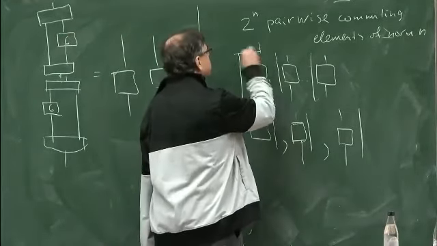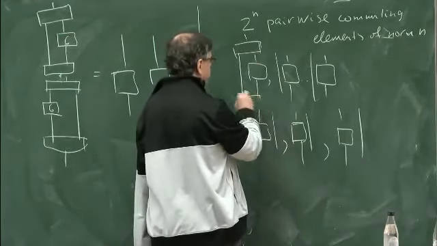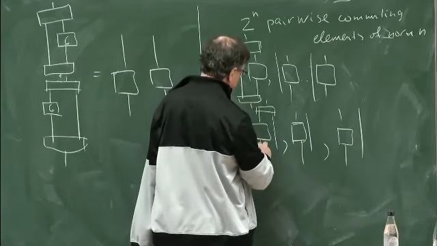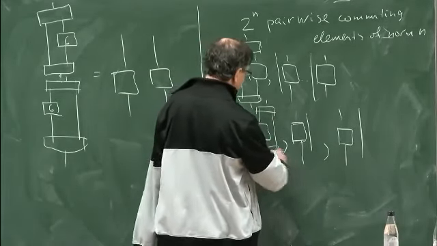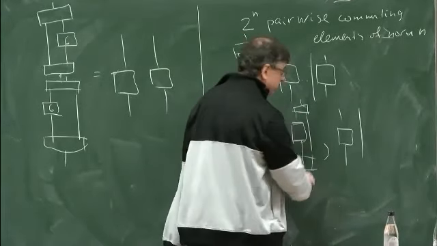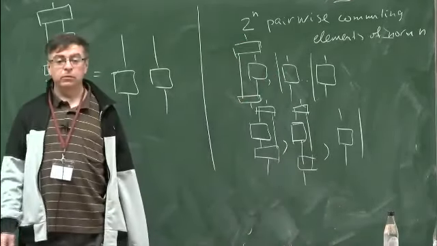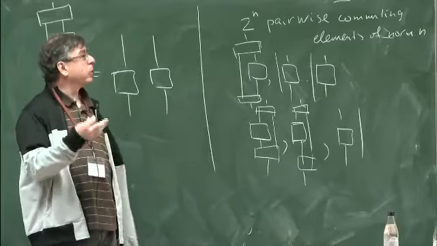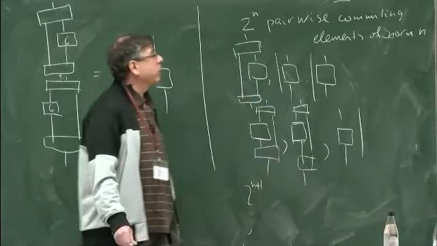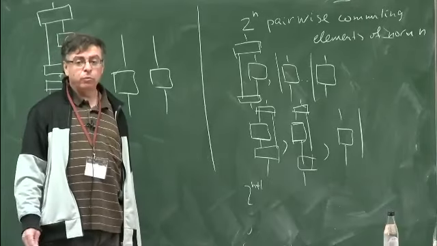We add 2 transistors in each of them, right? And now we have 2 to the power n plus 1 pairwise commuting elements of what norm?